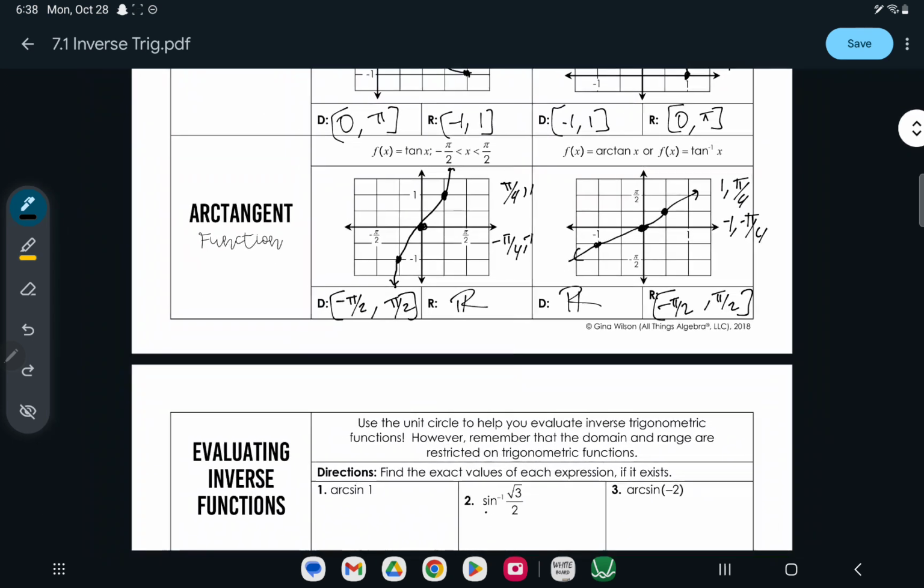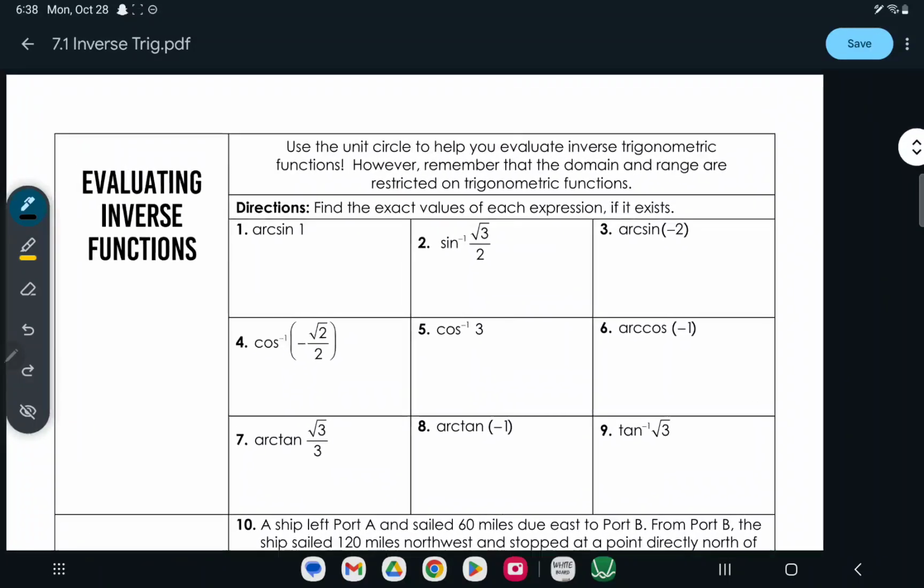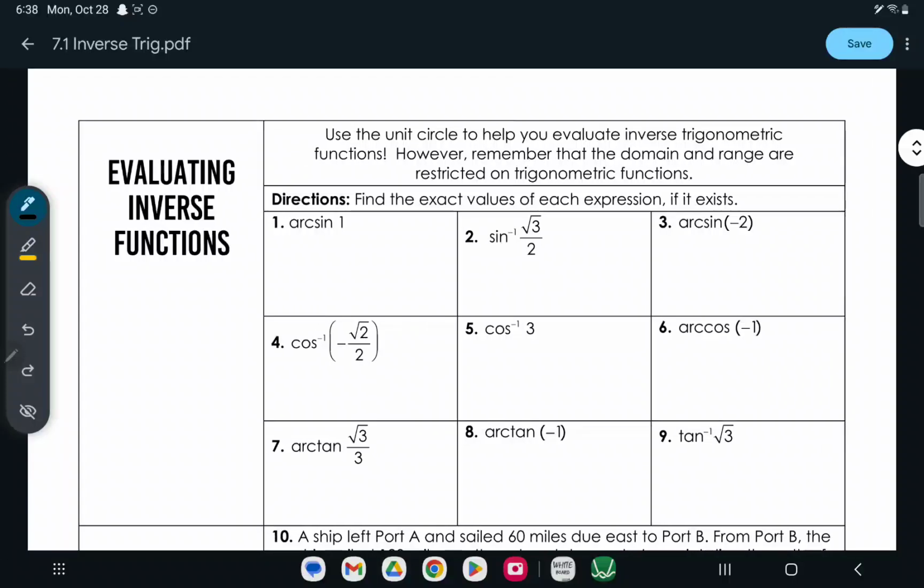Okay. Now let's look at evaluating some. So think of the unit circle and evaluate the trig functions. But remember the domains and ranges of them when we have them restricted, because some of them might not work out.